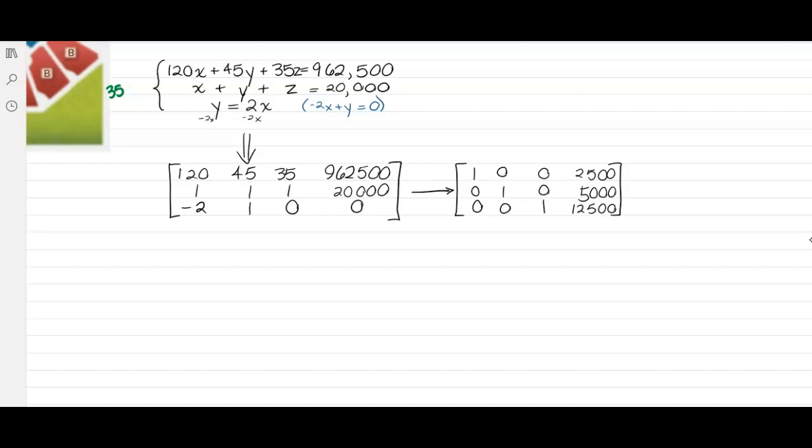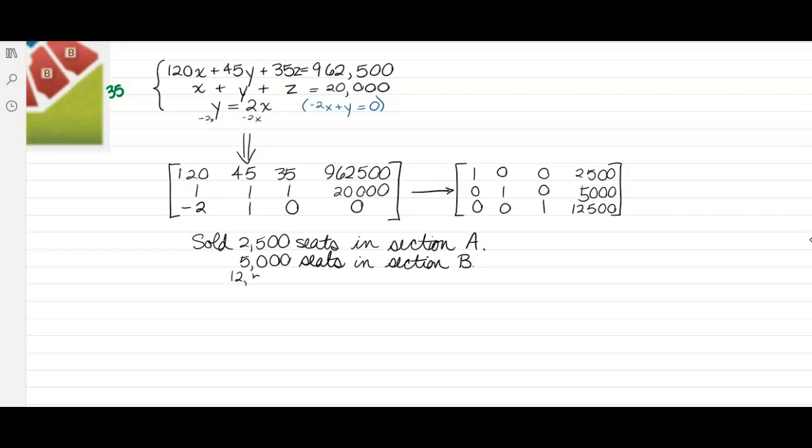So that means that we sold, or they sold, 2,500 seats in section A, 5,000 seats in section B, and 12,500 lawn seats.